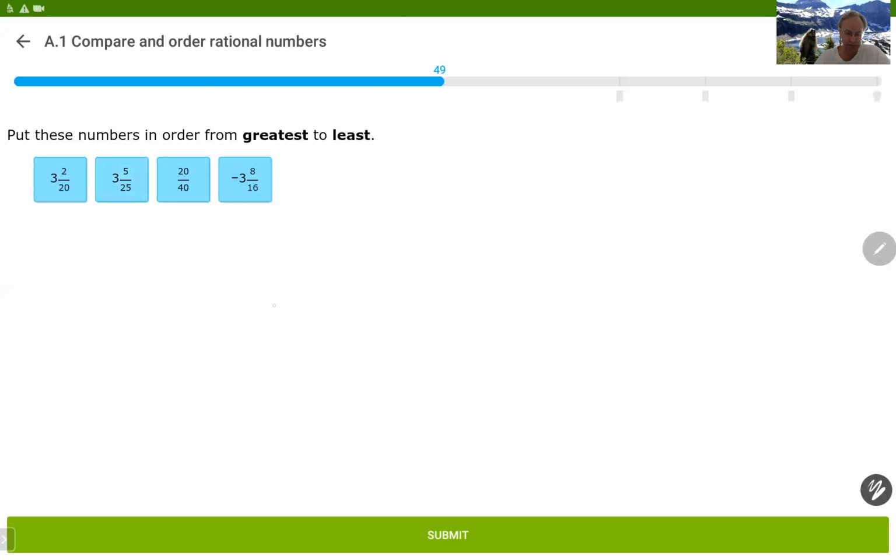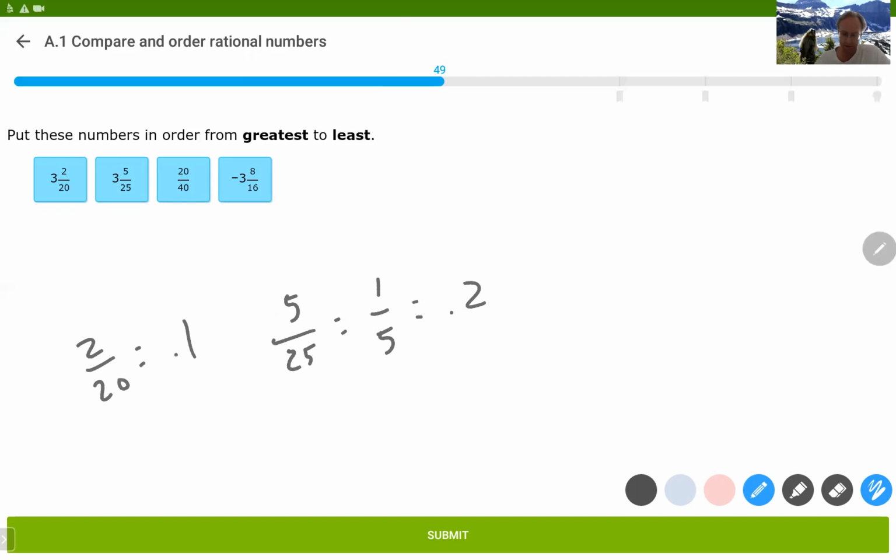It just so happens that 5 over 25 is 1/5, which is 0.2, and 2 over 20 is 0.1. It's 1/10. So it just so happens we want greatest to least, so we want these two reversed, and we're done.